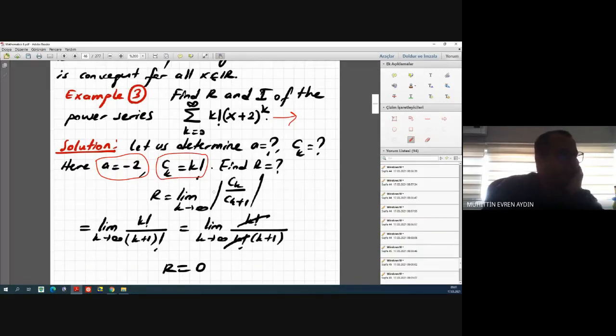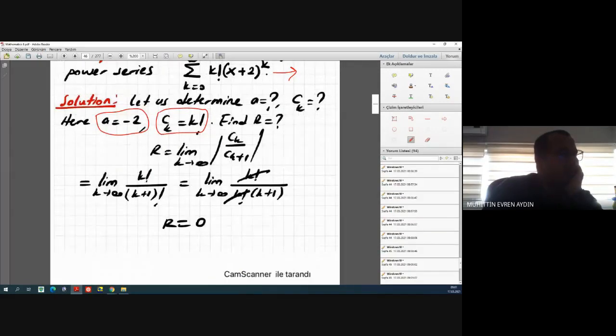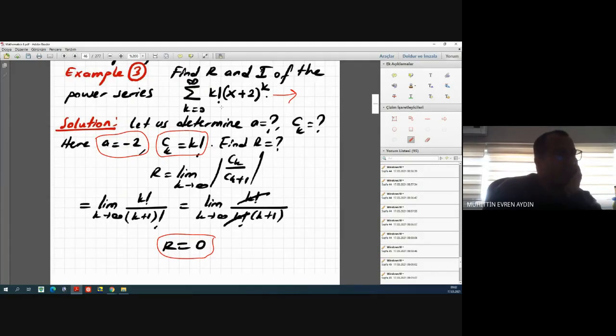By using the properties of the factorial, we may find easily r equals 0, which means that the given power series is convergent only at the point x equals -2. Namely, it's convergent only at its center.